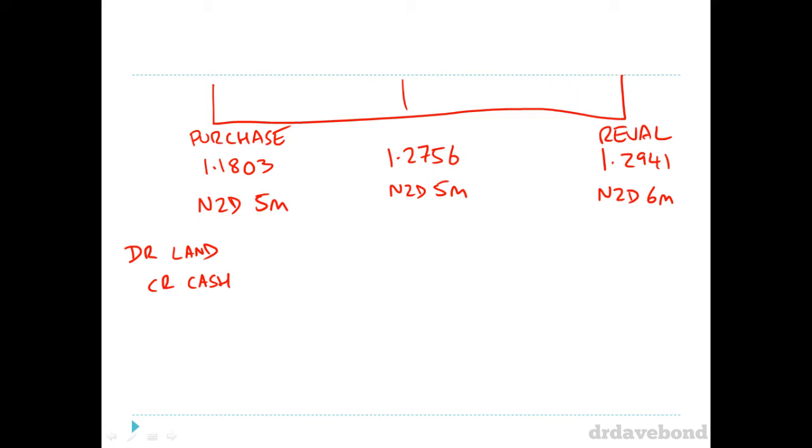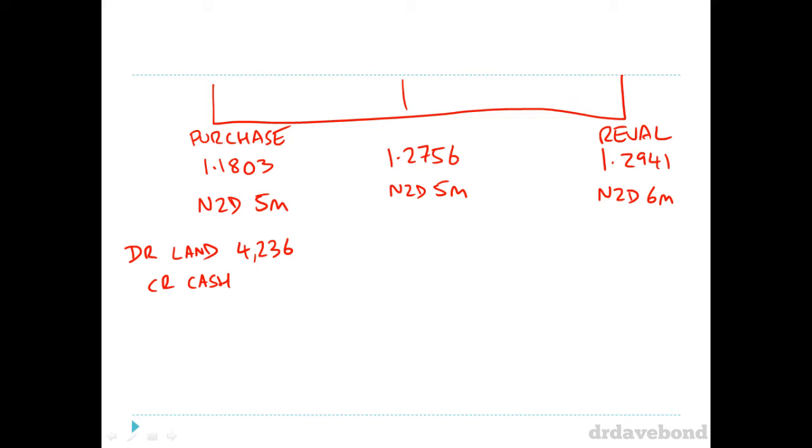Just under where the entry takes place, I've done it as 5 million times 1.18, and 5 million times 1.276. Those multiplications should actually be divisions each time. You can see how 5 times 1.18 certainly doesn't give you 4.23. You don't need a calculator to work that one out. But the 4.23 is actually the right number. I've just got a sneaky little typo in there, and that's not to make sure that people turn up to lectures.